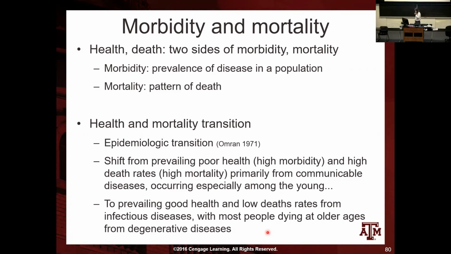So we move now to a good health pattern and low death rates related to infectious diseases, and people live longer, and because people live longer, they die because of degenerative diseases and chronic diseases, okay?